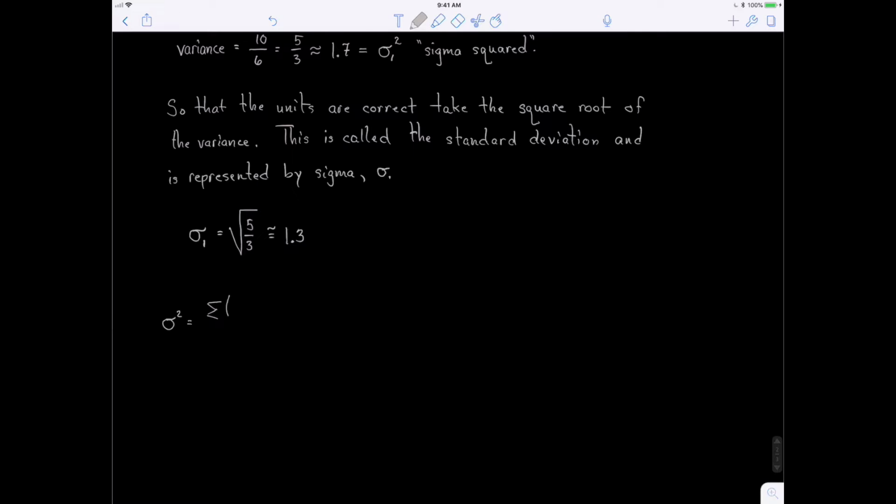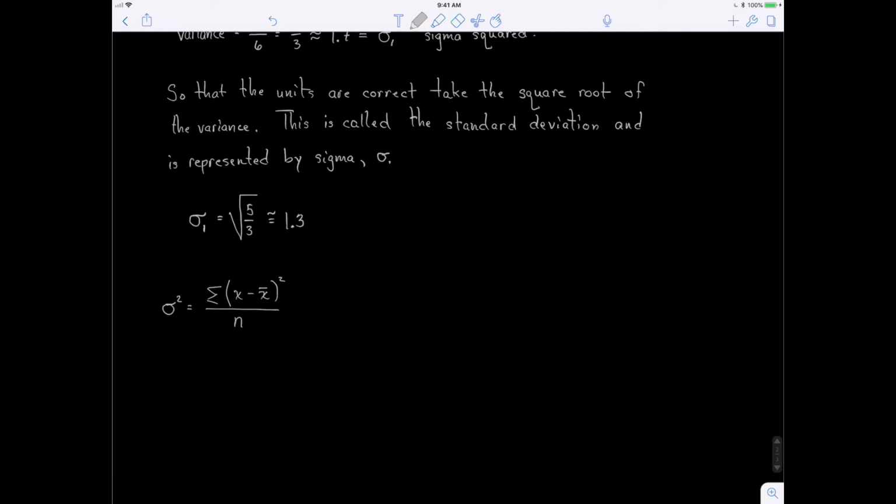So I say the sum, I go take the data minus its mean, we square it, and we divide by the number of data. And that's what we're going to use for our variance at this point. Then if we wanted to find the standard deviation, we would just take the square root of whatever we found above, and that would give us our final answer.